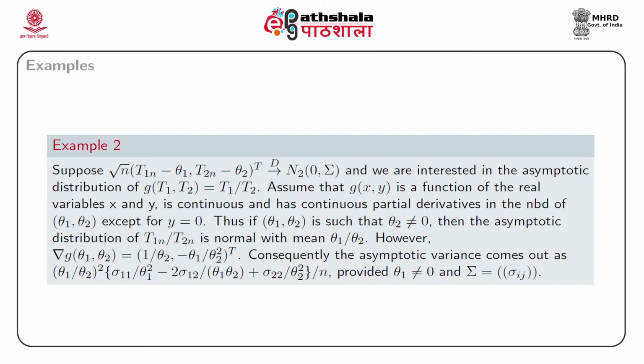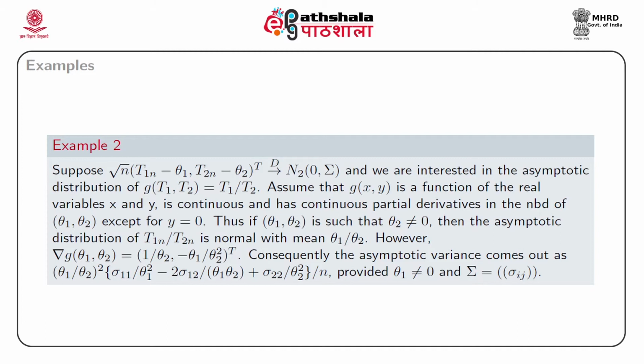And in this case, suppose we are interested in the asymptotic distribution of the ratio, that is T_1 divided by T_2. So assume that G(x,y) is a function of the real variables x and y, is continuous and has continuous partial derivatives in the neighborhood of (theta_1, theta_2), except for y equal to 0, because for y equal to 0 this G(x,y), that is x by y, is not defined.